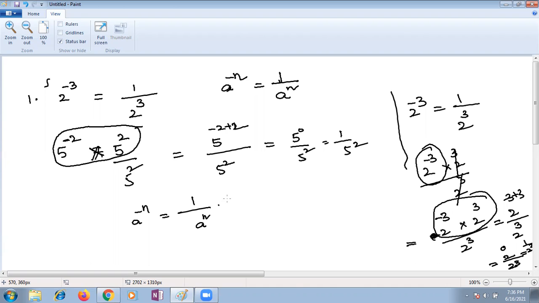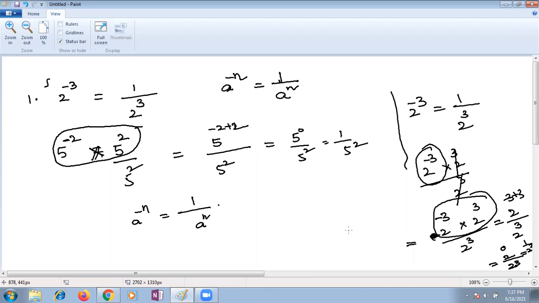Ma'am, the one which you just told, 2 power minus 3 into 2 power 3, in that you're finding the absolute value and putting the number? Exactly. To find out 2 power minus 3, we don't know how to find it. So I want to remove that negativity. To remove that negativity, what change am I making for numerator and denominator?